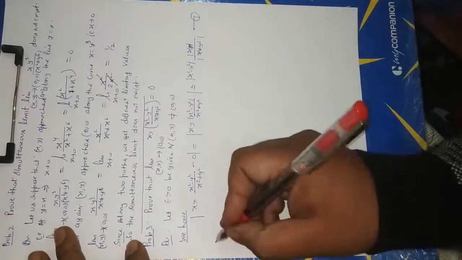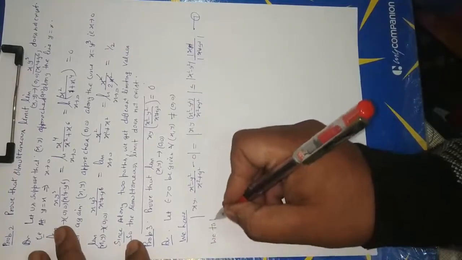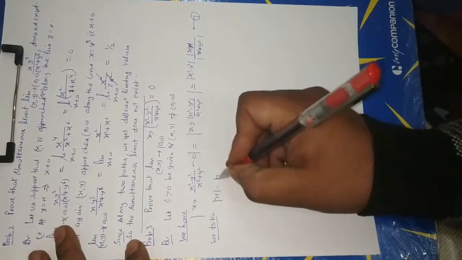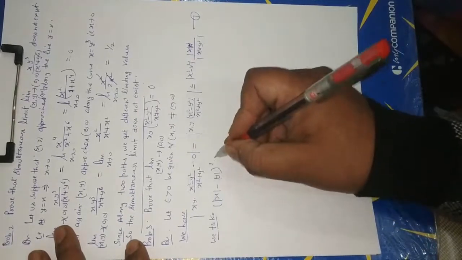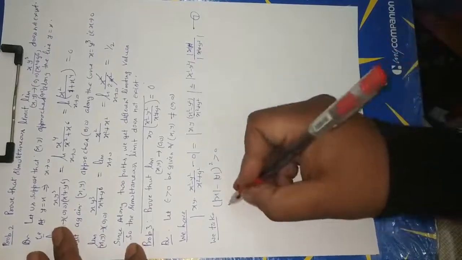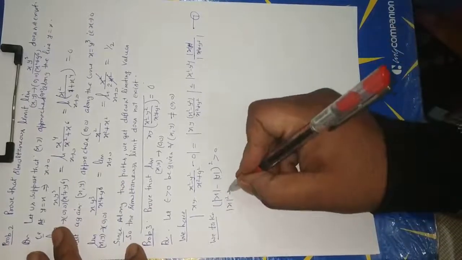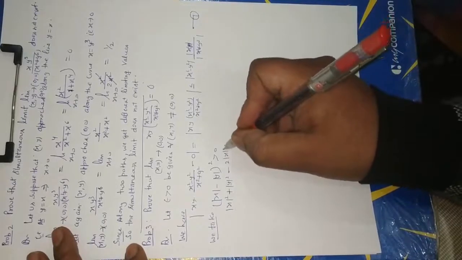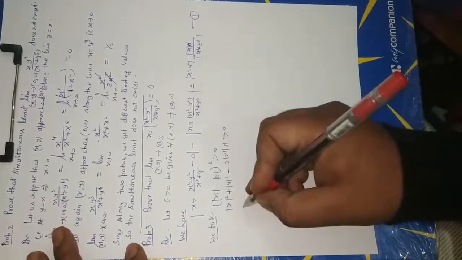Now we know that (|x| minus |y|)² is always positive. Therefore, |x|² plus |y|² minus 2|x||y| is always greater than or equal to 0.